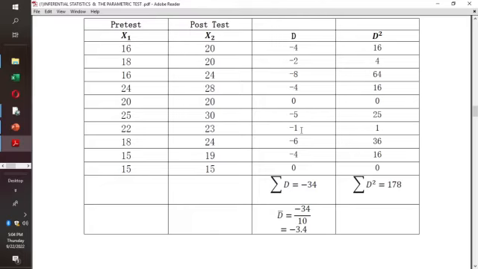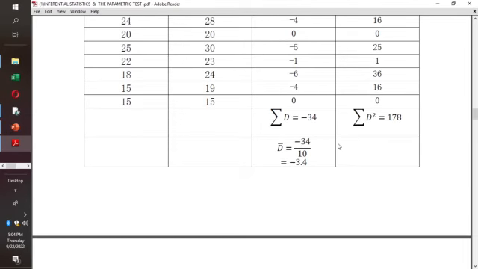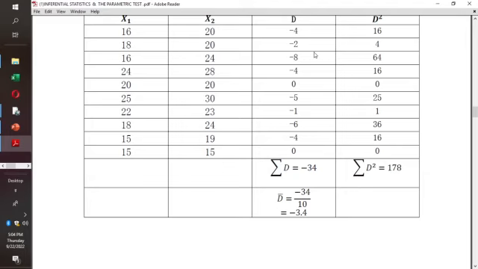22 minus 23 is negative 1, the square is positive 1. 18 minus 24 is negative 6, positive 36 is its square. 15 minus 19 is negative 4, and the square is positive 16. 15 minus 15 is 0, so its square is also 0. The summation of the differences between pre-test and post-test is negative 34.